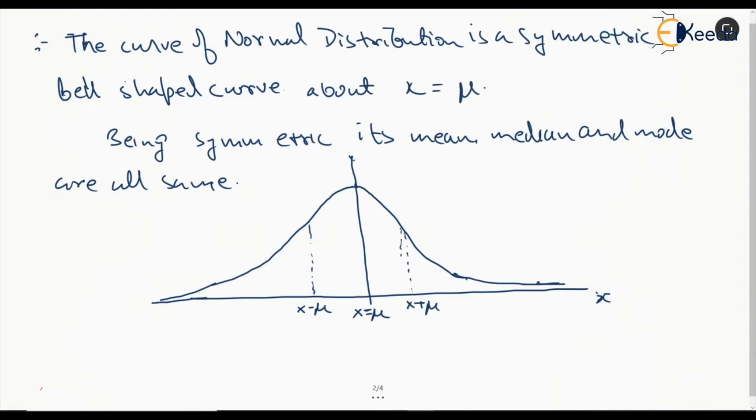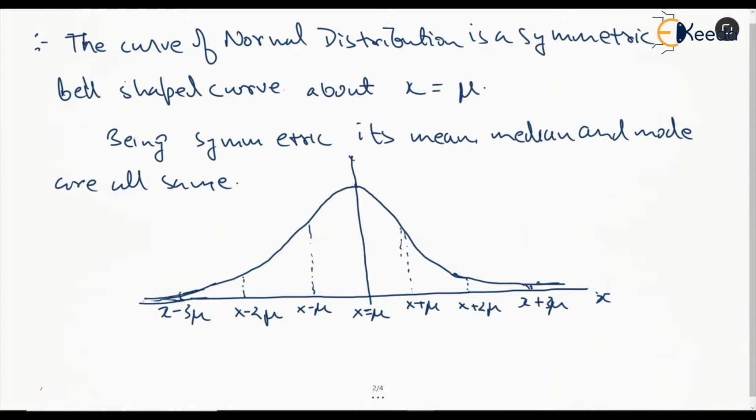Let's say this is x minus 2 mu, this is x plus 2 mu, and let's say this is the region x minus 3 mu, and let's say this is x plus 3 mu.